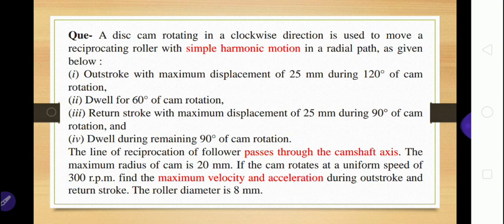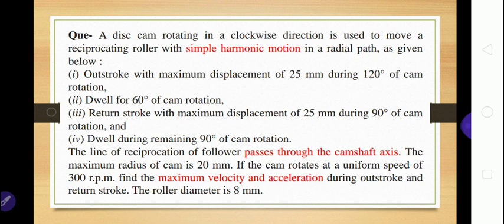Dwell for 60 degrees of cam rotation, that means the first dwell is 60 degrees. Return stroke with the maximum displacement of 25 mm, that means the stroke is 25 mm, during 90 degrees of cam rotation. That means theta r is 90, and the last dwell is again 90 degrees.